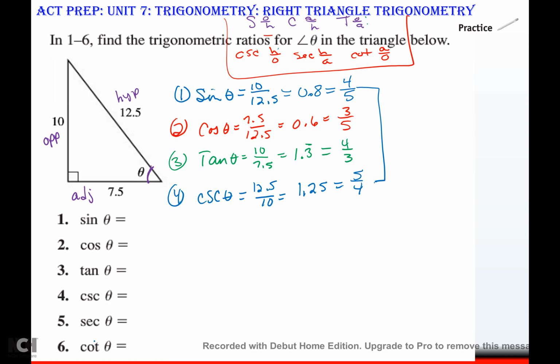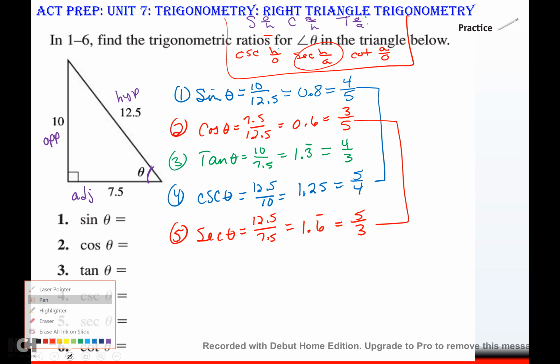Oh, look, they're reciprocals to each other. Amazing. 5, they want secant theta. Secant is hypotenuse over adjacent, so that's 12.5 over 7.5. Type that in, you get 1.6 repeating. Math enter it, you get 5/3. Oh, look, they're reciprocals to each other.